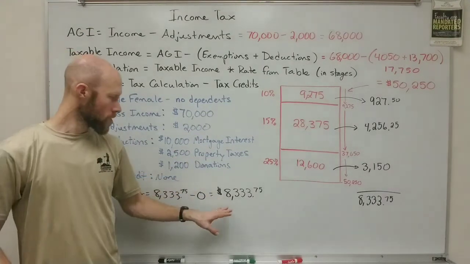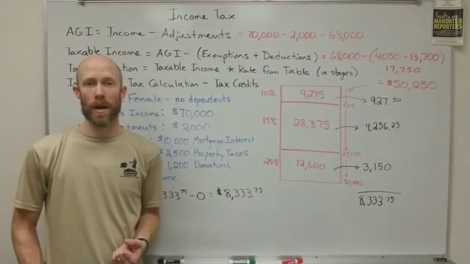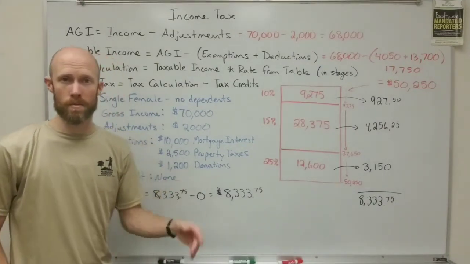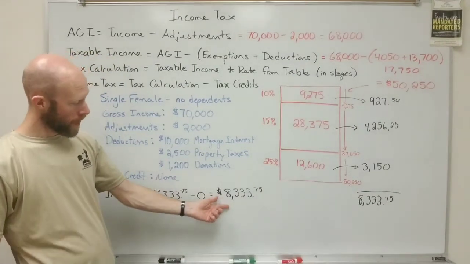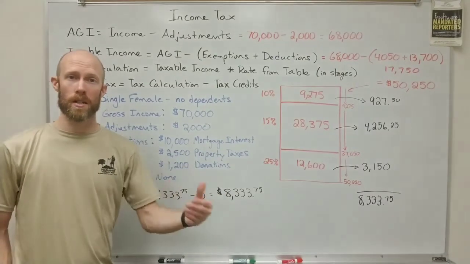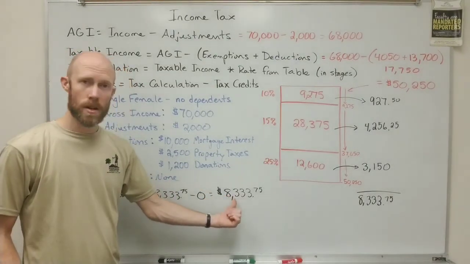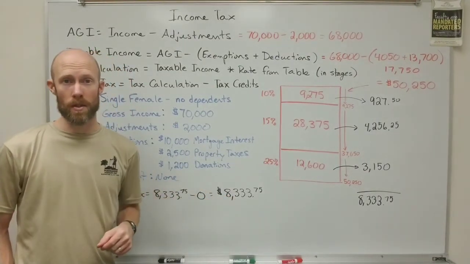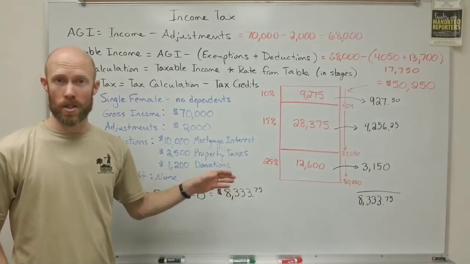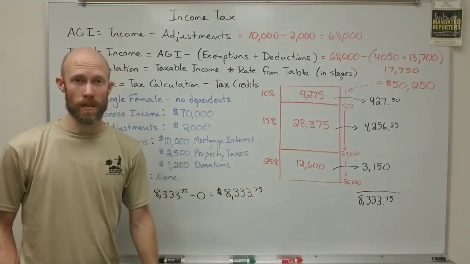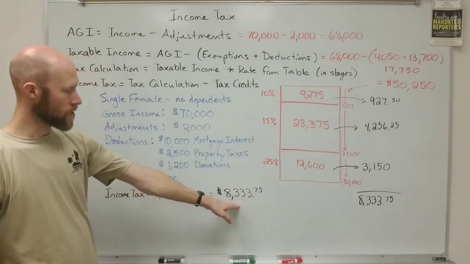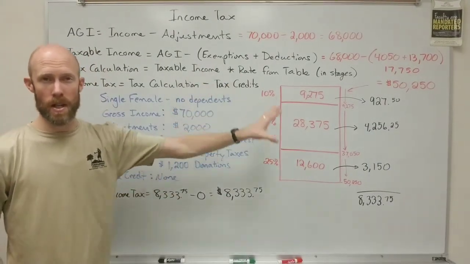Now, of course, she's going to have money deducted from her paychecks each week or each time she gets a check. And if the amount that's deducted throughout the year is greater than this, then she'll get a refund of the difference. If it's less than this, then she'll have to pay in the difference at the end of the year, okay? But this is the final amount based upon all these calculations.